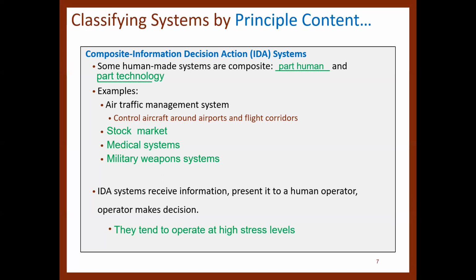And if we think about military weapon systems, same thing. You have information about where the enemy is located, but at the same time, you have other people that can get affected if you deploy a specific weapon on a specific area.